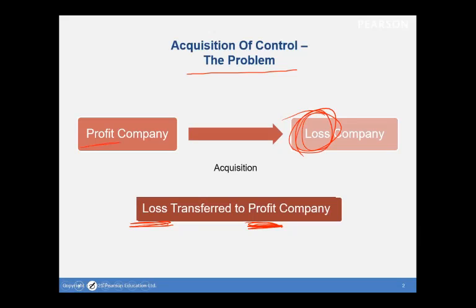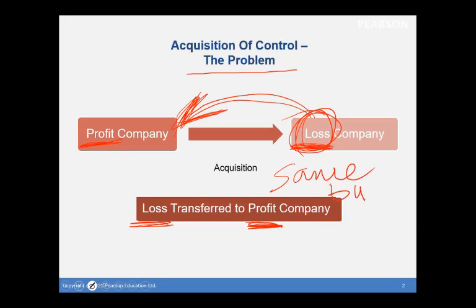if the profitable company buys the loss company, and those losses can only be used in the profitable entity if they are carrying on the same or similar business.